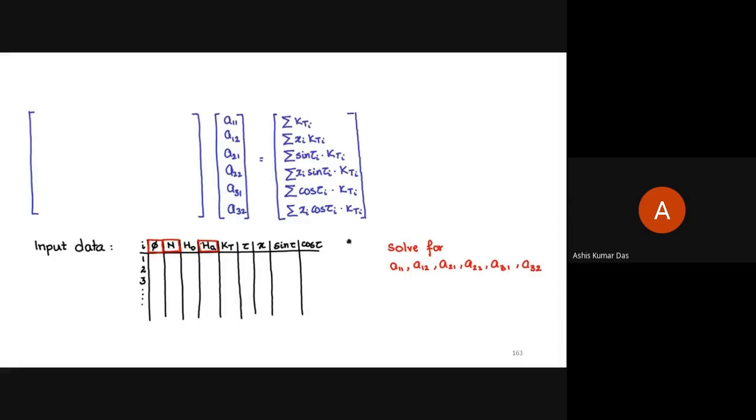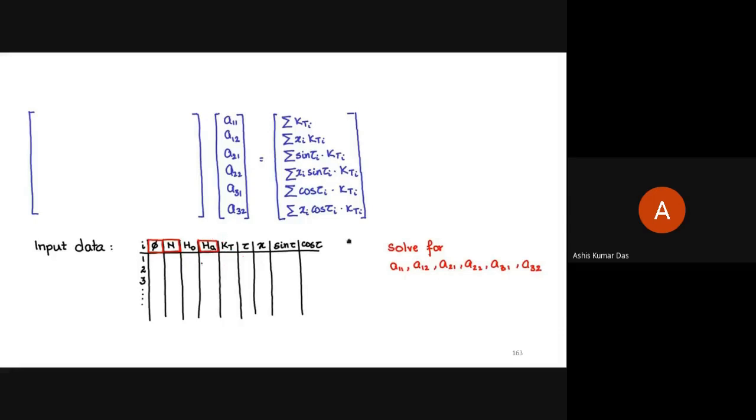We have φ, that is the latitude, and we need the day number n. If we get φ and n, we can easily find H naught. H naught means daily incident energy on a flat plate collector without considering the atmospheric condition. And we can easily find the Kt, the clearness index.